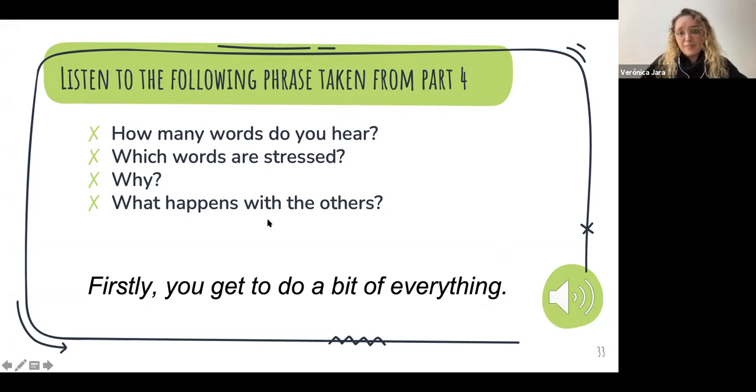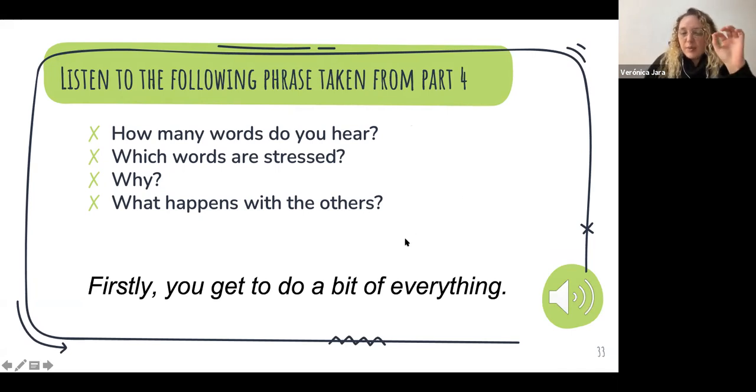What do we have? Firstly, right? Everything. Right. Firstly, get and everything. Everything, right? She also stresses you because she's kind of hesitating there, right? But the words you mentioned are the ones that... Firstly, you get to do a bit of everything.